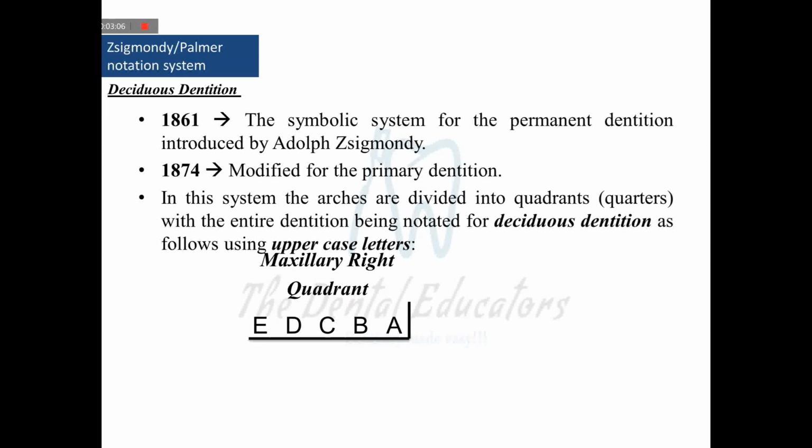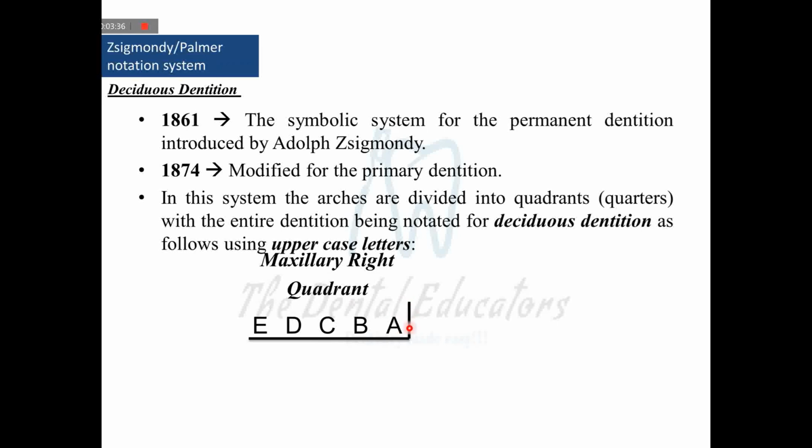So if we see here in this symbolic representation, in the case of the Palmer notation system, first we draw a symbol like a horizontally flipped L shape. After drawing this horizontally flipped L shape for the upper right maxillary quadrant, you write down the tooth number for each of the specific teeth. We count from the midline.